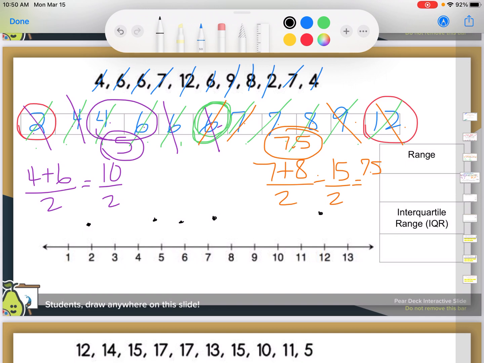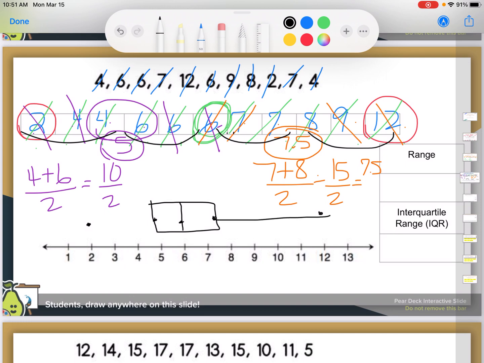So one thing I want you to notice is there are 3 numbers, 3 numbers, 3 numbers, and 3 numbers in each section of your data. So that 6 is counted twice only because it's the median of your data. Okay, so there are the same number of numbers in each section. So the box makes up the center 3 dots, and then you draw out your whiskers.